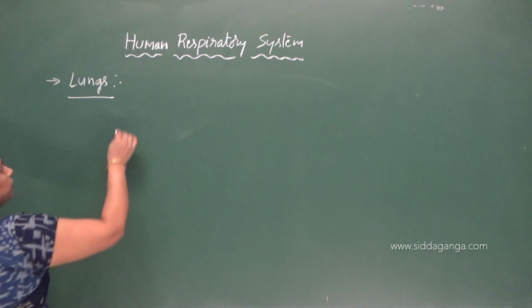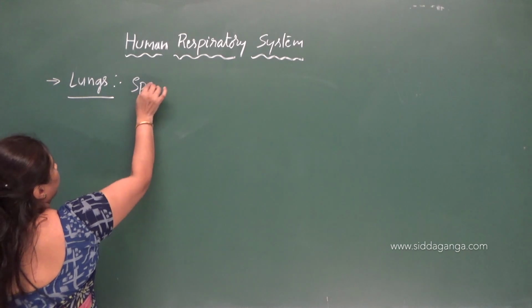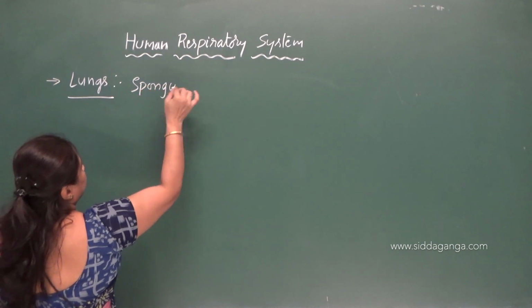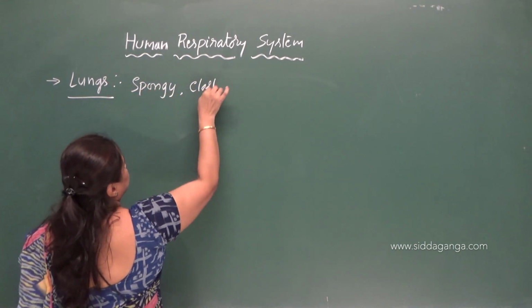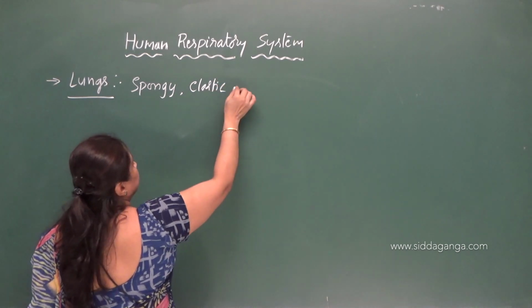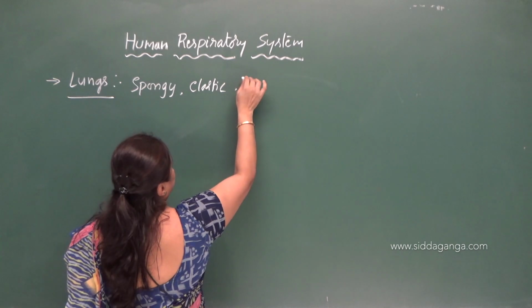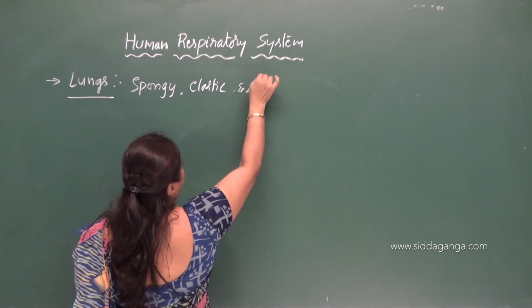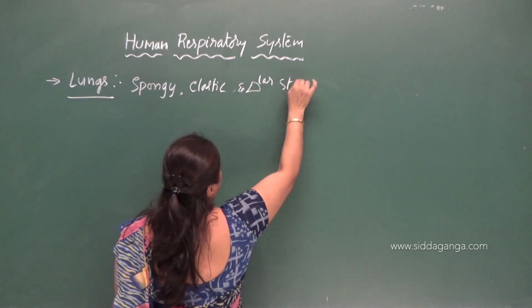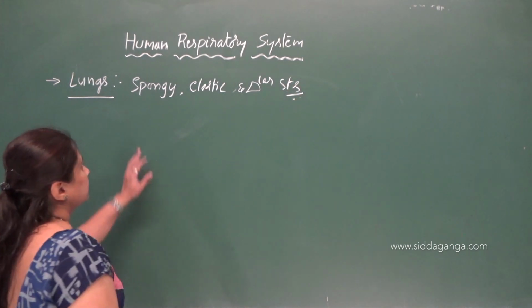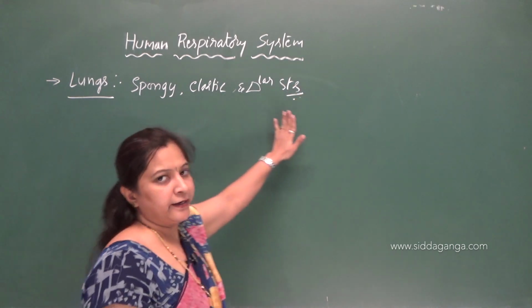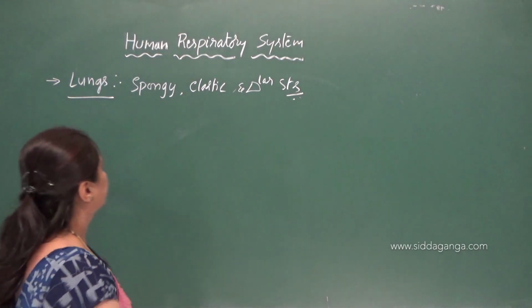The lungs are spongy, elastic, and triangular structures.